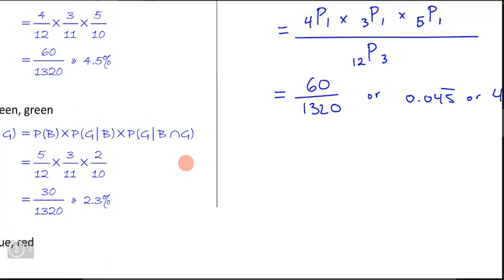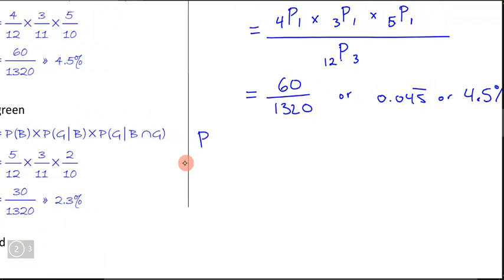Using my counting techniques, the probability of getting a blue, green, green in that order is the number of ways to get a blue, green, and green in that order, divided by the total number of ways that you can draw 3 marbles.